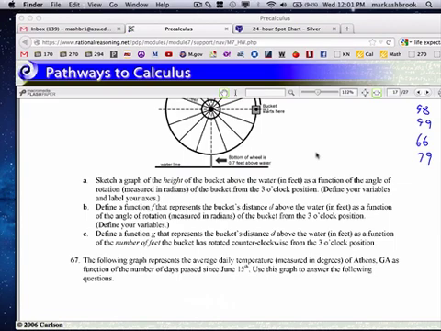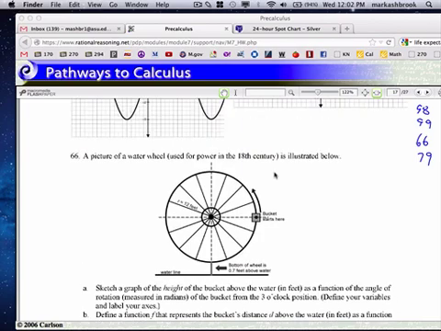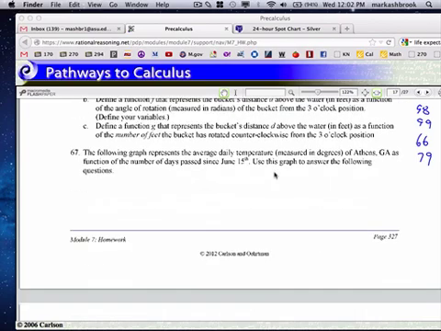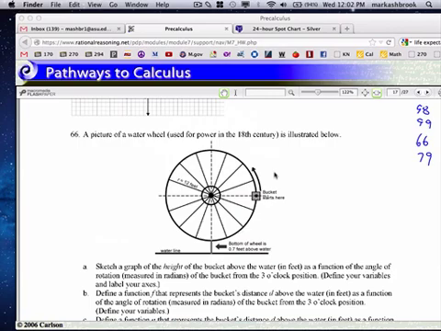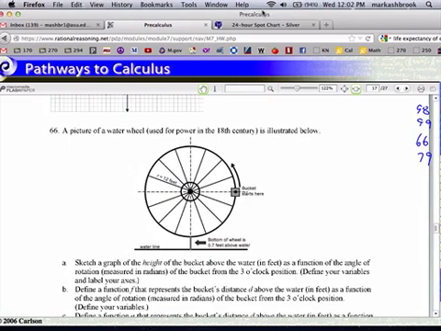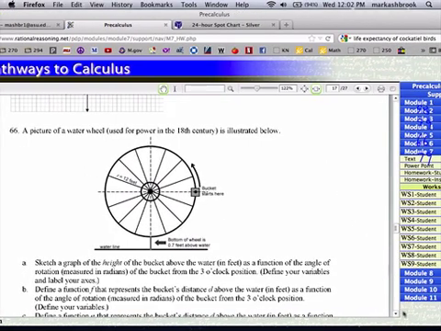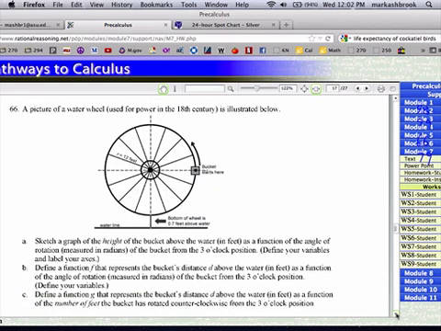Let's get all the picture. Let's try this. There we go. Here is 66.